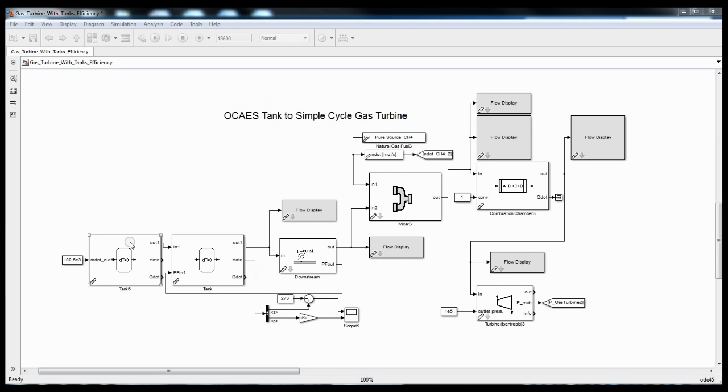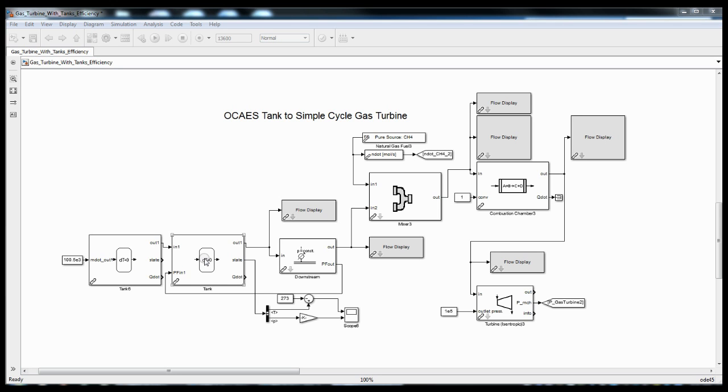I've added a second tank. The second tank is essentially modeling what the OCAES system would do, where you eliminate your throttling loss and your output is at a constant pressure. So the second tank has a very large volume, and it's filled with water.